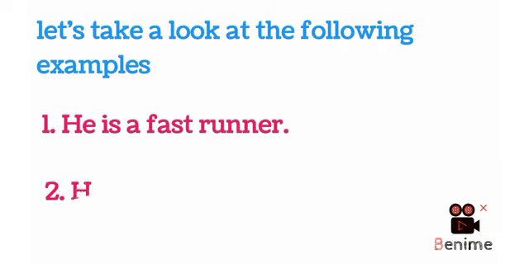We have fast coming before a noun, which is what? Runner. In essence, the fast here is describing the type of noun, the type of runner. So the fast here is an adjective describing the noun runner. In the second sentence, we have he runs fast.